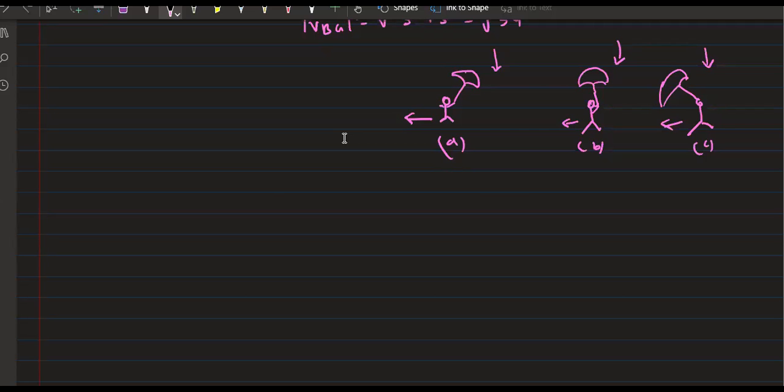Now let's break this down with respect to vectors. See this, this is the direction of velocity, sorry, direction of rain with respect to ground. Yes or no?